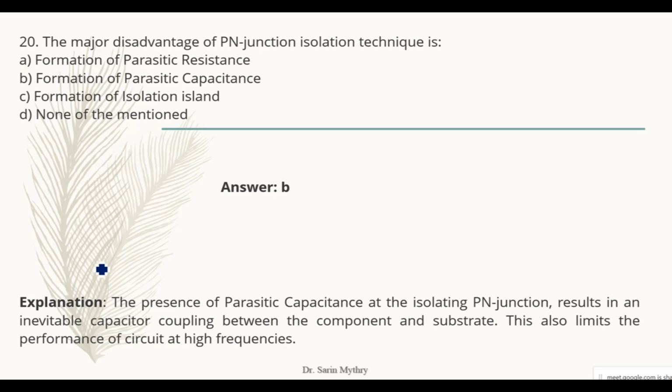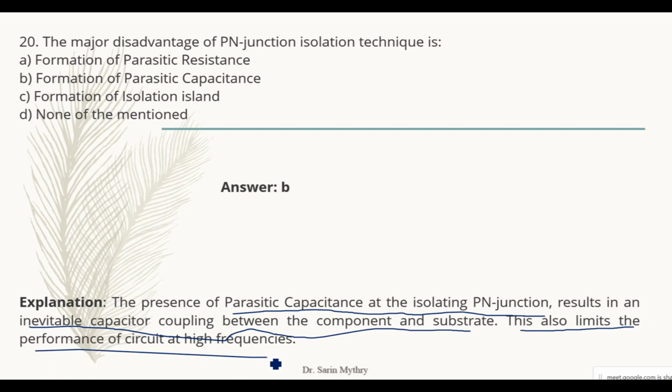So the presence of a parasitic capacitance at an isolation PN junction results in an inevitable capacitive coupling between the component and the substrate. Remember this one: it also limits the performance of the circuit at higher frequencies. Why?